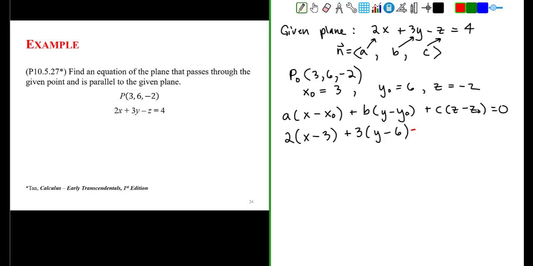So this would be -1 times (z minus minus 2), where minus 2 is equal to z naught.